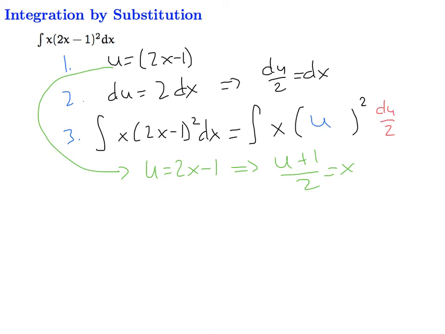So now I can use this substitution step. Now my integral is going to equal the integral, and I can replace this x with u plus 1 all over 2. And everything else just comes on down. And let's simplify this a little bit.